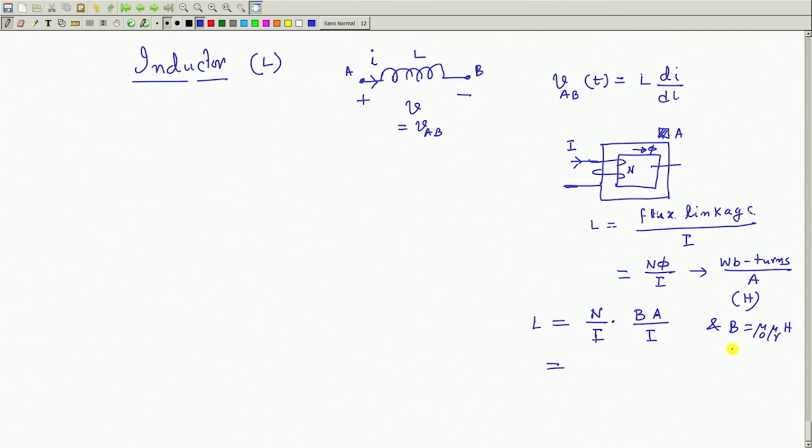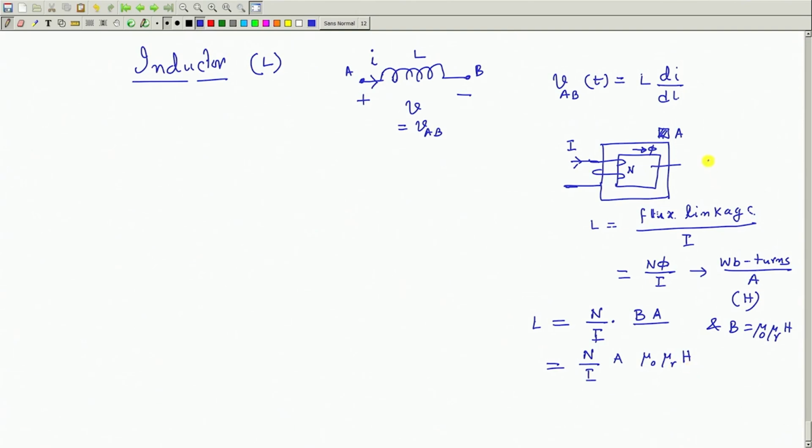So, put this value of B A. This is the thing, N phi by I. Now, this will then become N by I into A, and B you can write as mu 0 mu r into H.